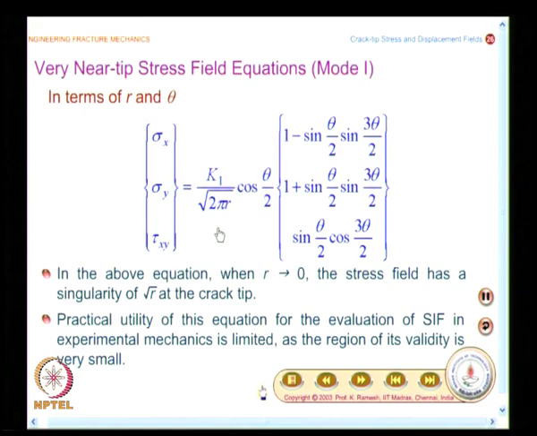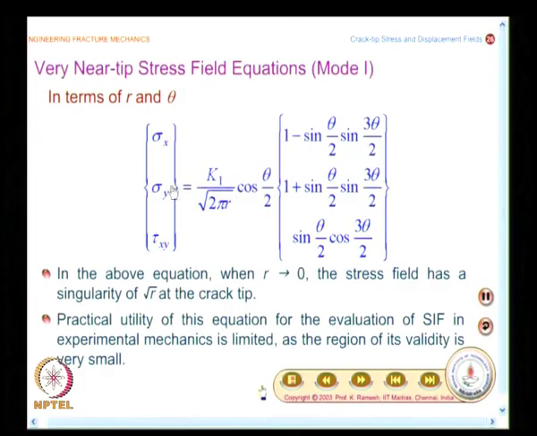In plasticity situation, you will have a 1 by r singularity. The singularity strength would be different for different cases, people have noted that, and root r singularity is a very famous terminology which you come across very often in fracture mechanics. The elasticity solution gives the stress field approaches infinity as 1 by root r.